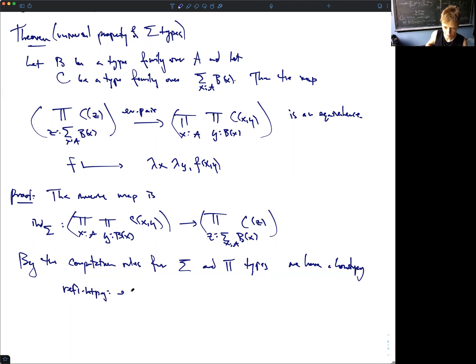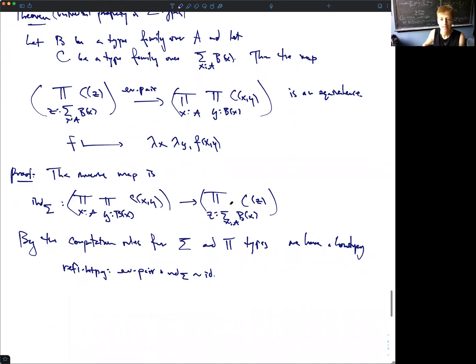This is a homotopy that relates ev pair after ind sigma with the identity. And you could unravel this and it'll be the same computation that we've seen above. So the summary, again, is that the induction principle and the computation rules show that this induction map is a section of evaluation of the constructors, but function extensionality is used to complete the part of the proof where we got stuck.